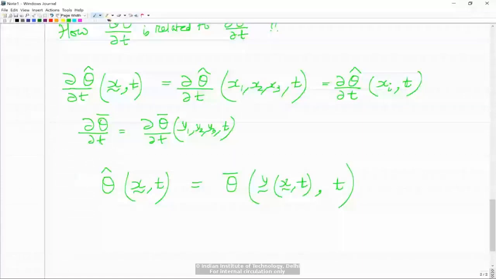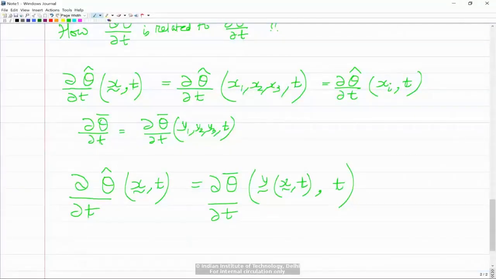So now we can take the time derivative. When we do del by del t here, then you have to do the same thing on the right hand side. And you remember this is done keeping x fixed, so this means x1, x2, x3 is fixed, and this is, by the way, y hat.